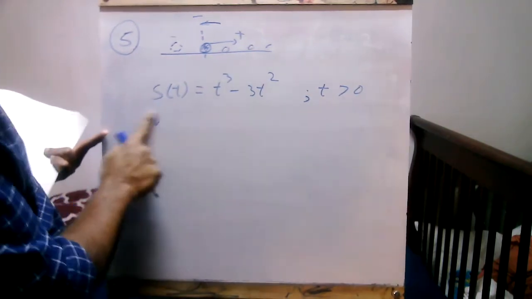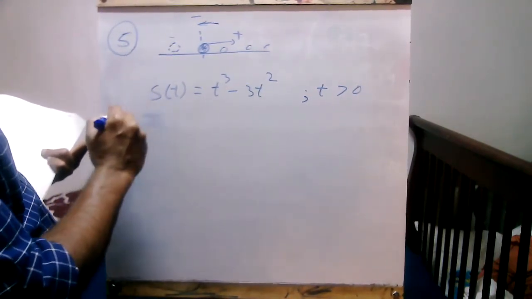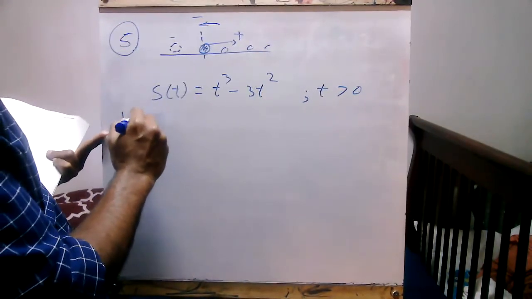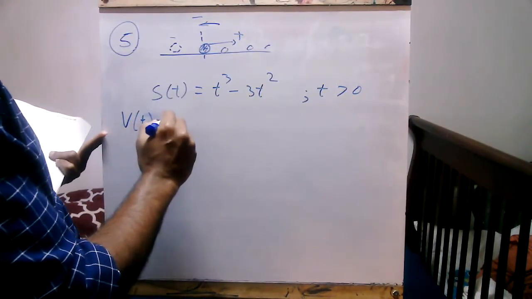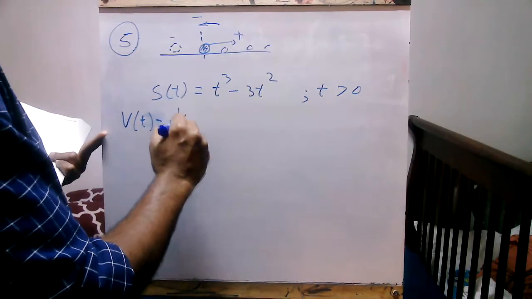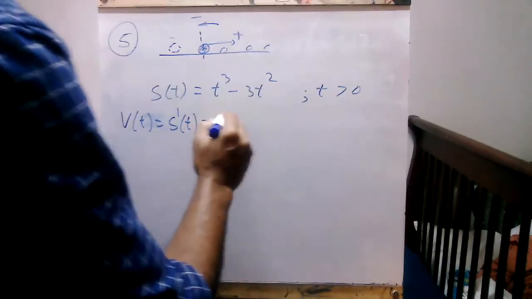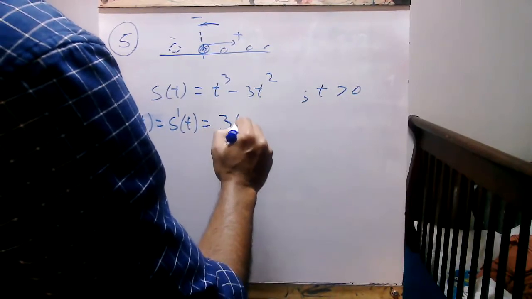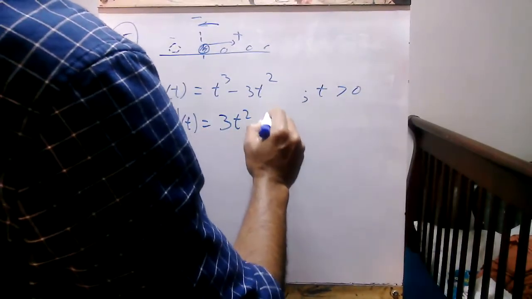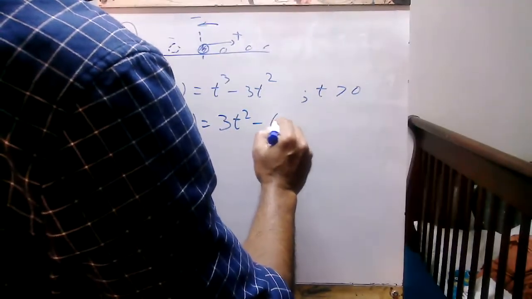Velocity function is given by velocity, which is the derivative of the distance function, equal to differentiate this: 3t squared minus 6t.